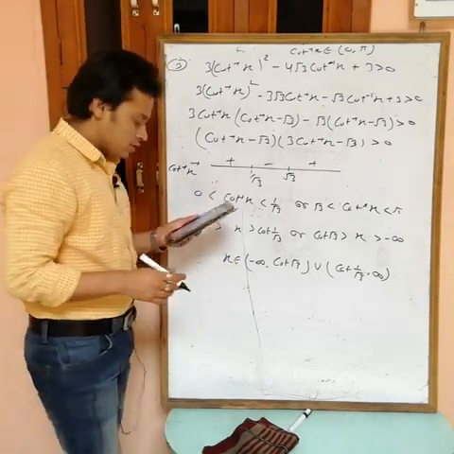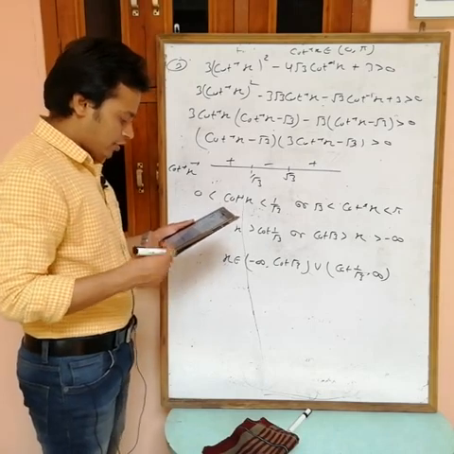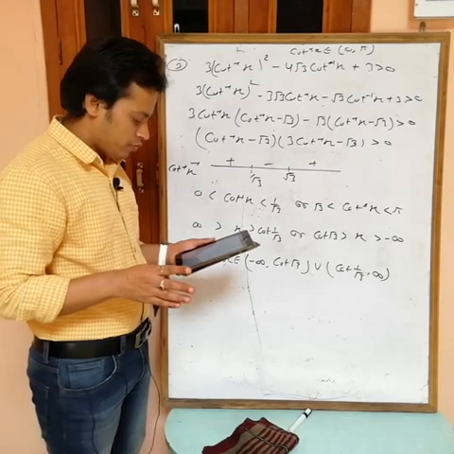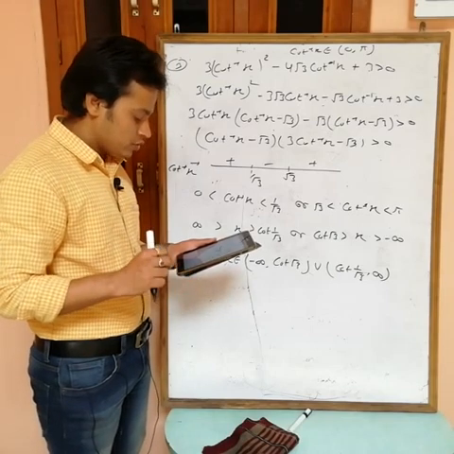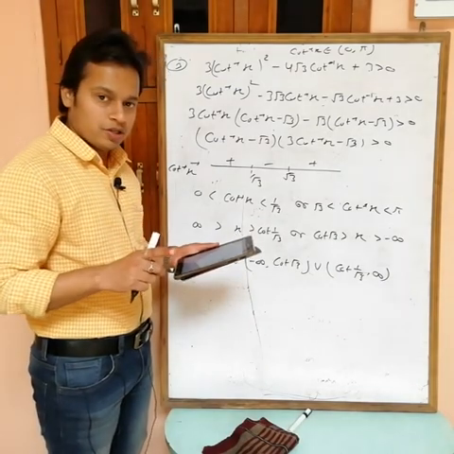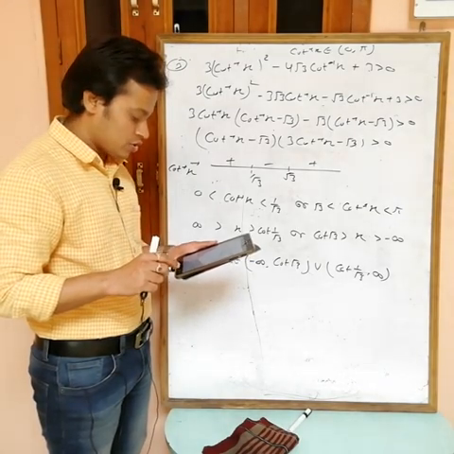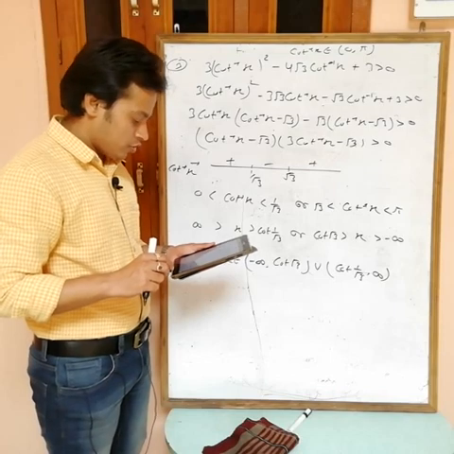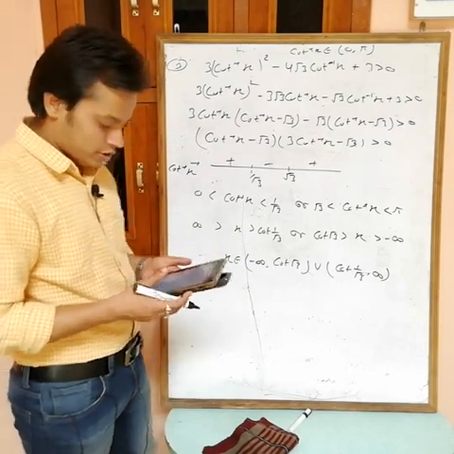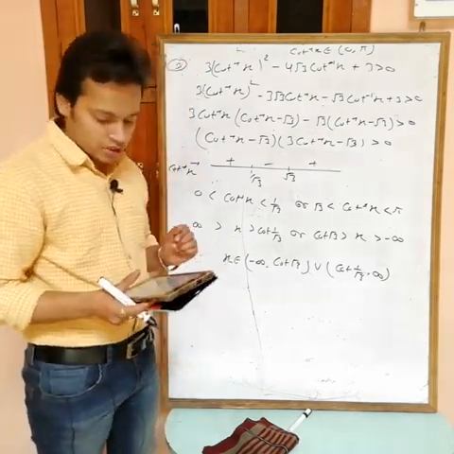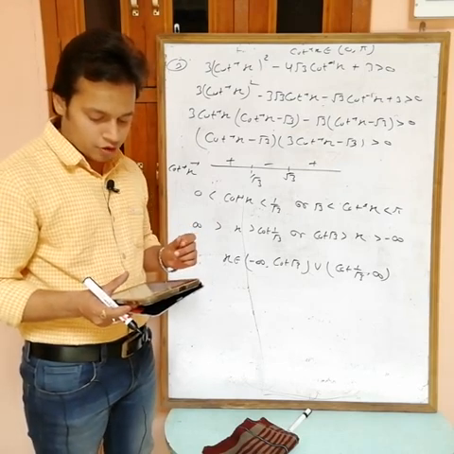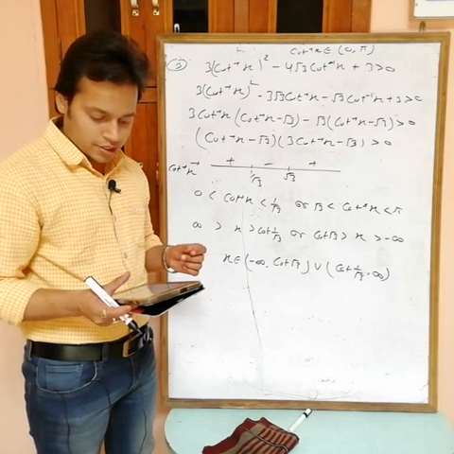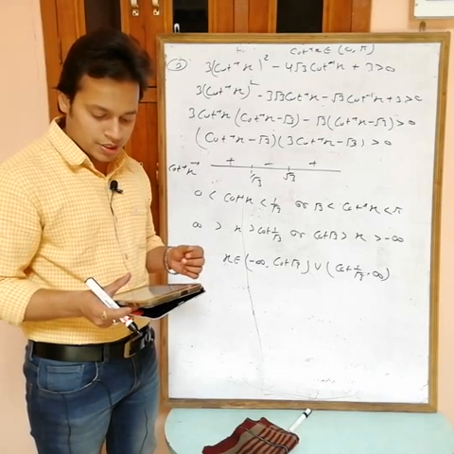In the fourth one, which of the following function pairs are identical? So the first one is not identical, na, because for f(x) the domain is R, but for g(x) the domain is R minus 0. We can't take 0. Okay, so the first one is not identical because the domain is not the same. The second one is also not identical because f(x) equals cos x, the domain is R, and g(x) is equal to 1 by root 1 plus tan square x.